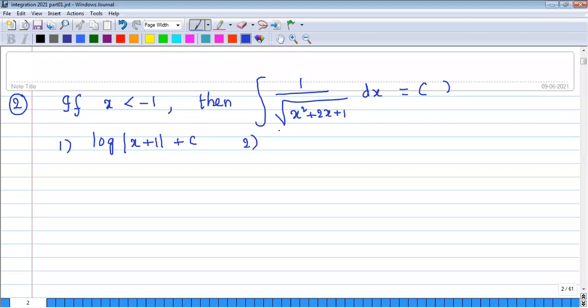Second one: negative log mod x plus 1 plus c. Third: 2 times log mod x plus 1 plus c. Fourth: half of log mod x plus 1 plus c.